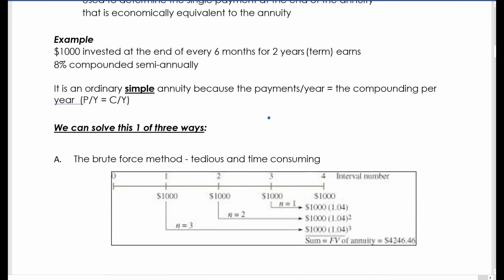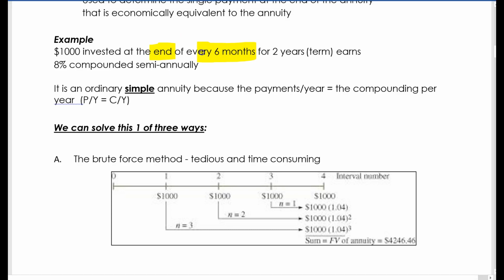My first example: $1,000 is invested at the end of every 6 months for 2 years, and it earns 8% compounded semi-annually. Let's break this down first. The end makes it an ordinary annuity.